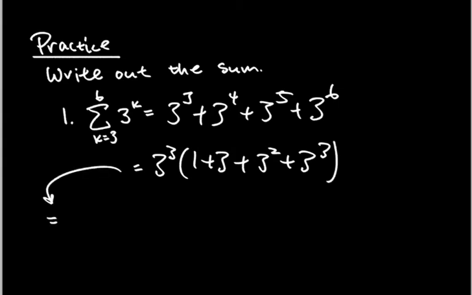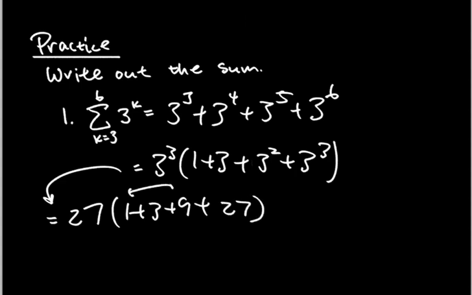Alright, so 3 to the third is 27. That's more or less easy to just figure out pretty quickly because 3 times 3 is 9, times 3 is 27. Okay, so this is 9, this is 1, this is 3, and that's 27. So we can actually add this fairly easily because the 9 and the 1 can add to make 10, the 3 and 27 can add to make 30.